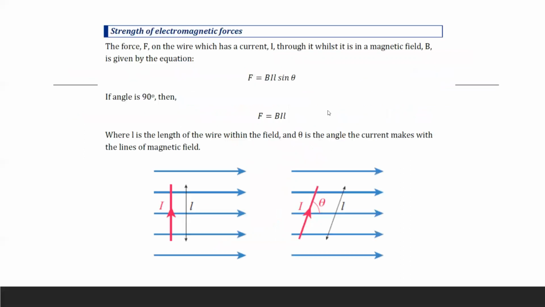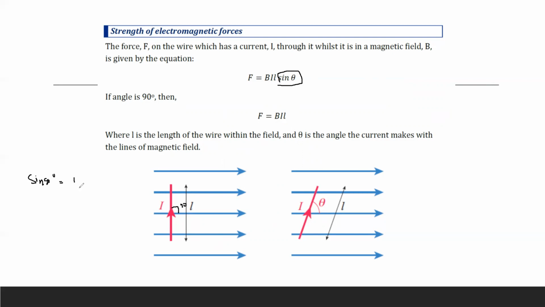So, for example, you have two wires which are carrying current perpendicular to the magnetic field, and we want to find the force experienced by each wire in a magnetic field. If the wire is perpendicular, 90 degrees, the formula is F equals BIL sine theta, but the angle between the wire and the magnetic field is 90, and sine 90 is equal to 1.